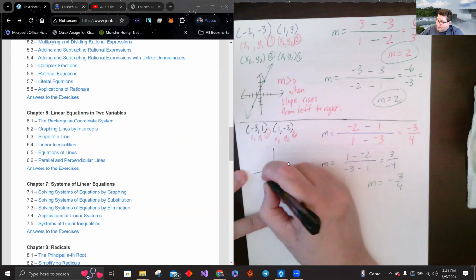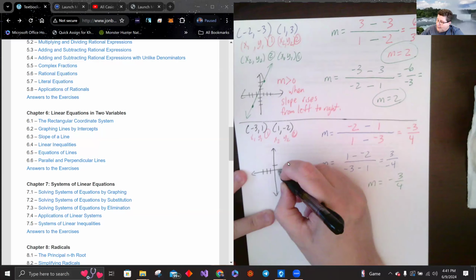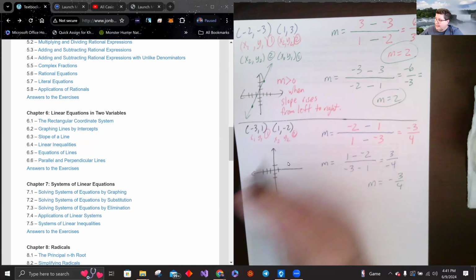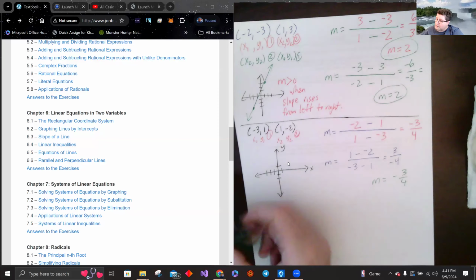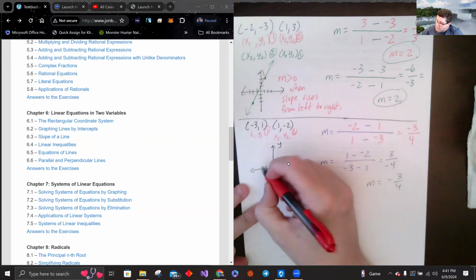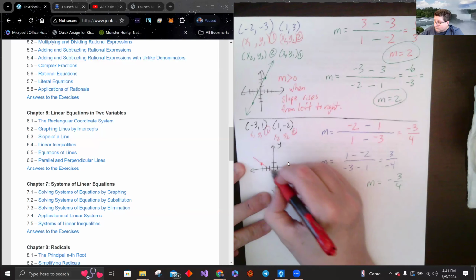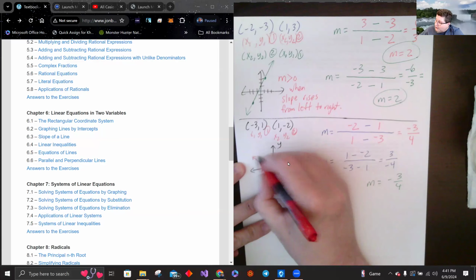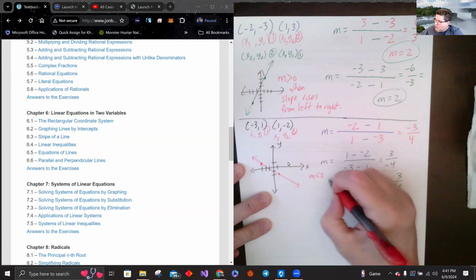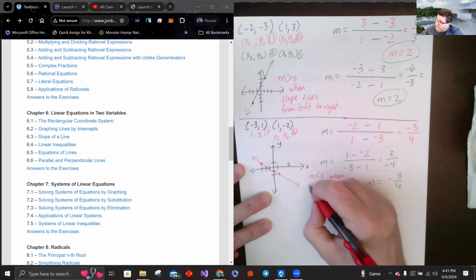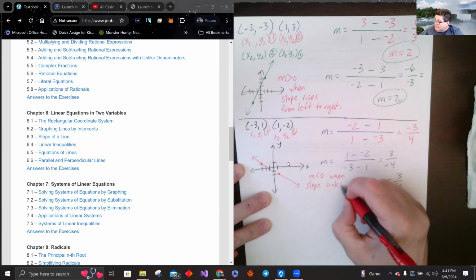So -3, 1 is back here, and 1, -2 is there. Here, m was less than 0. M is less than 0 when the slope sinks from left to right.